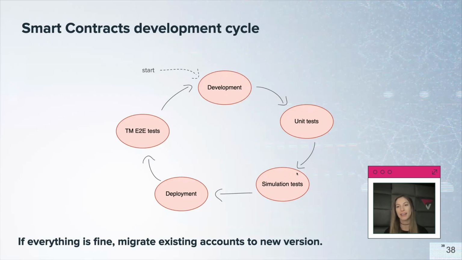And if yes, then I have a verification that my product works as intended, and I can move on to the deployment. I will talk about the deployment a little bit more over the next slide. But after I deploy the product, I can still perform, or I should perform, the end-to-end tests as well. The end-to-end tests are focused on the integration with the rest of the bank environment.